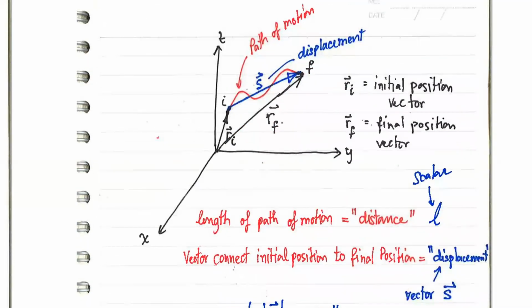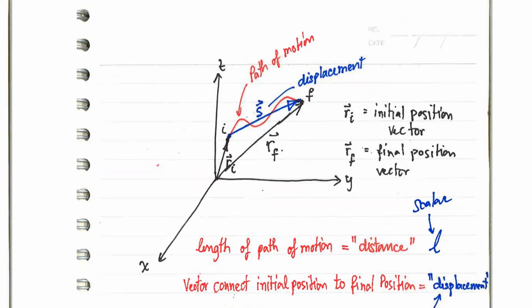Now, usually these two things cannot be compared because the distance L is a scalar quantity. It has only the unit of length, but the displacement S is a vector quantity. It has both length and direction. So usually L is not equal to S because one is scalar and one is vector.